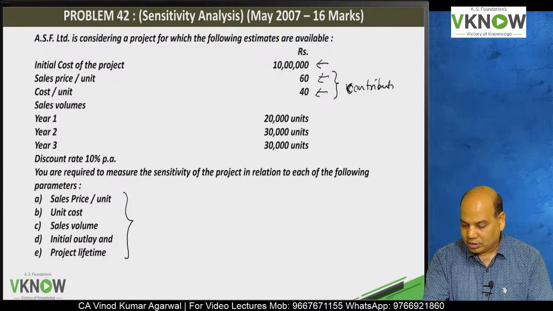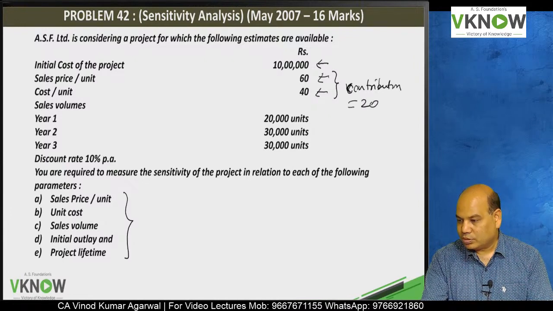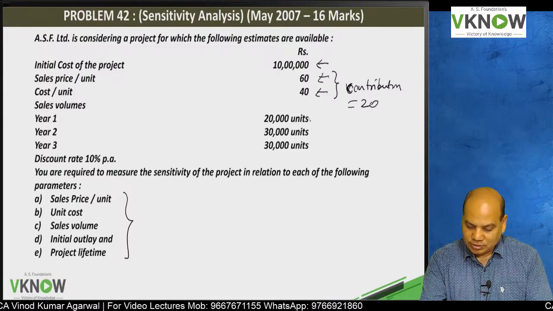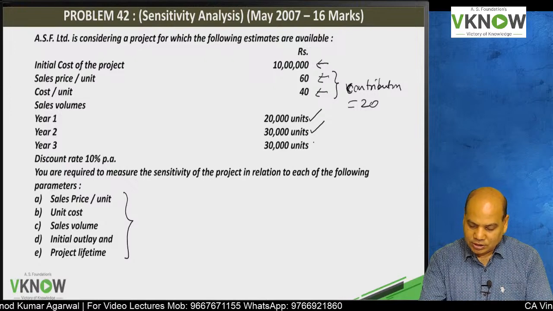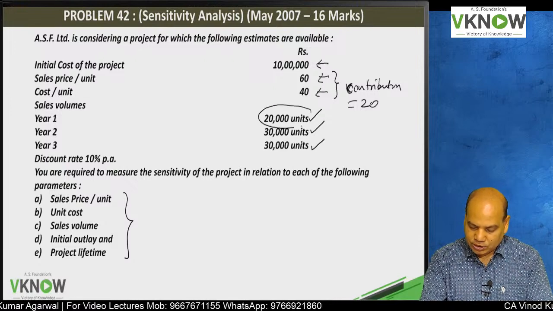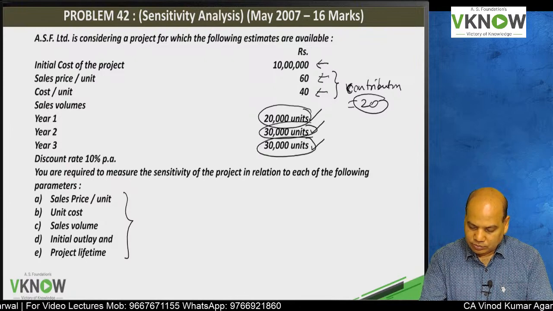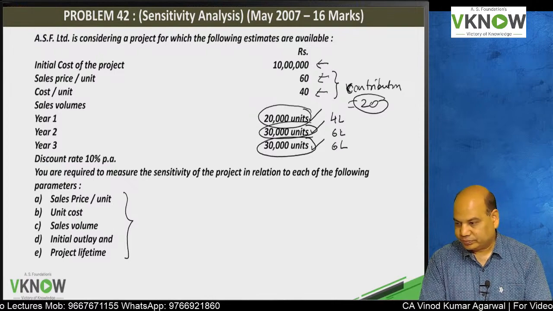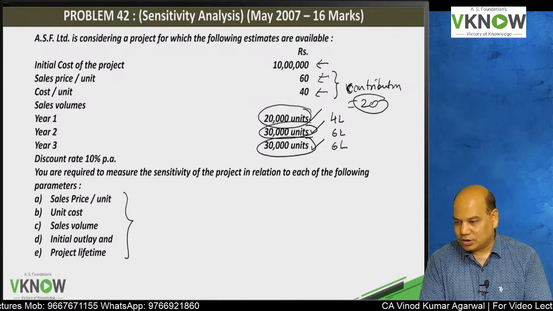You can write contribution will be 20. 60 minus 40, contribution is 20. Sales volume is given 20,000, 30,000, 30,000. So multiply sales volume by contribution. You will get cash inflows 4 lakh, 6 lakh, 6 lakh. There is no fixed cost in the problem.